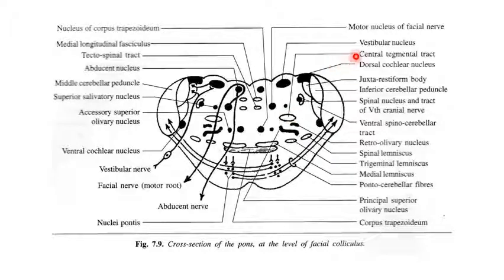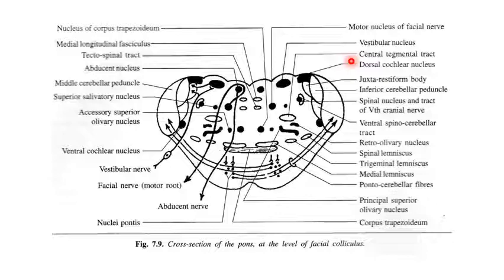Now this central tegmental tract, as the name suggests, lies in the central tegmental core, and it is important to remember that it contains descending fibers from the red nucleus and periaqueductal gray matter of the midbrain to the inferior olivary nuclear complex.